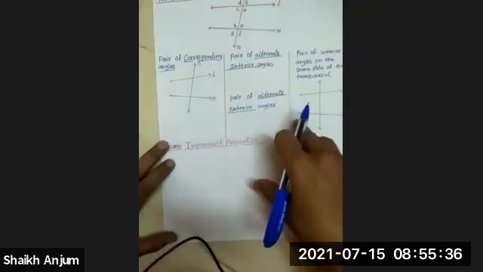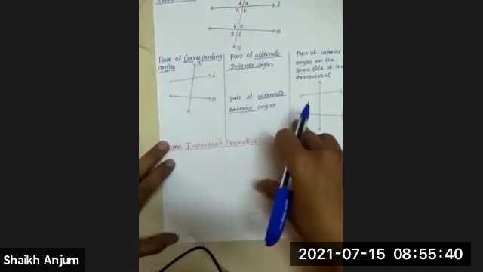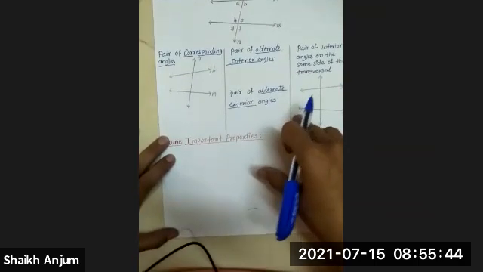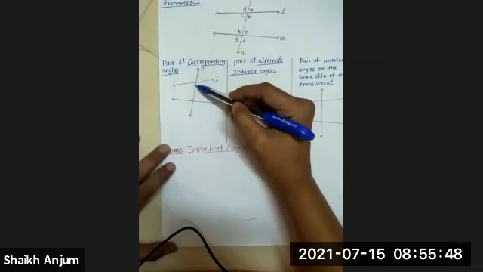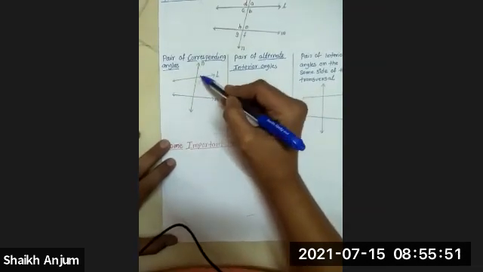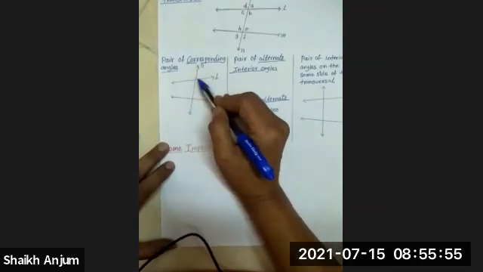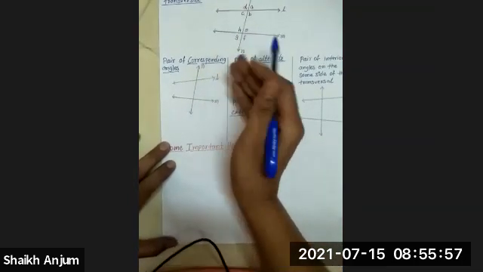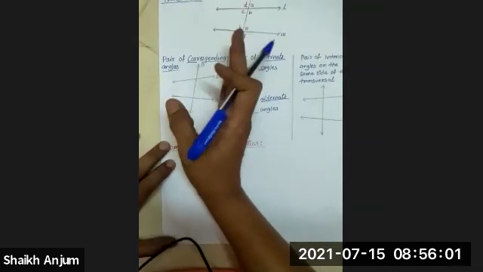The angles which are made on same side and above or below the line. Okay, on same side of a transversal. This one is a transversal and this is the right side, this one is the left. Then the angles formed on same side, means on any one side, left or right.